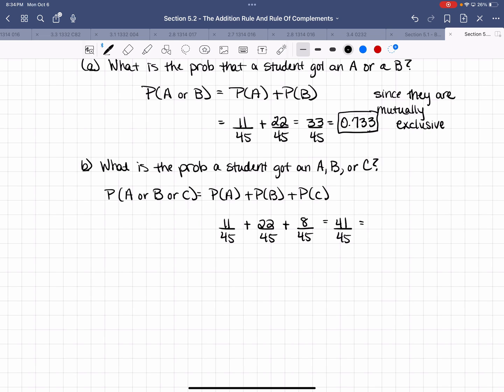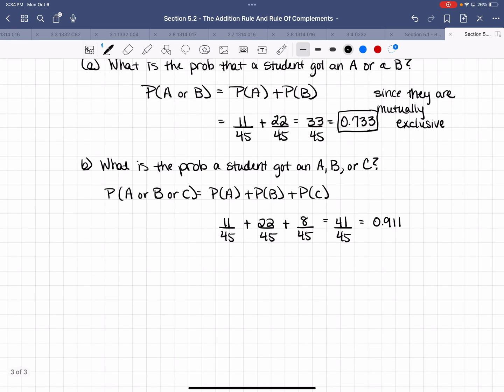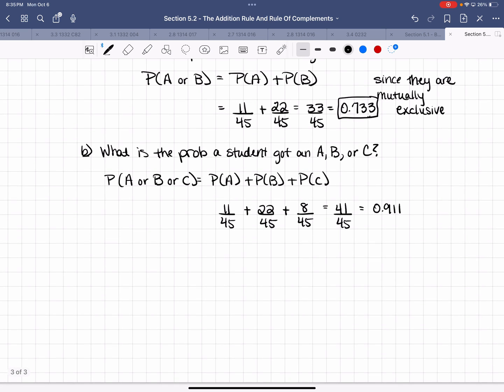When I type that in and get a decimal, it should be around 0.911. That's actually a very good success rate. That's what we call a success rate if it's A, B, or C. That's not necessarily the pass rate. A pass rate, for courses that allow you to have a D, is considered A, B, C, D, and a success rate measures A, B, C. You're successful. Okay? 0.911.